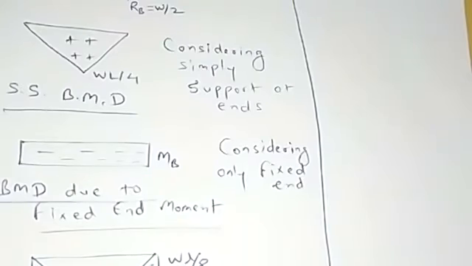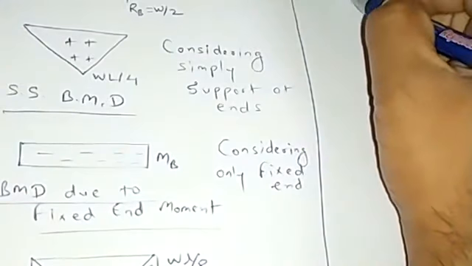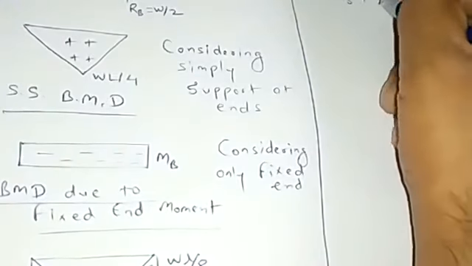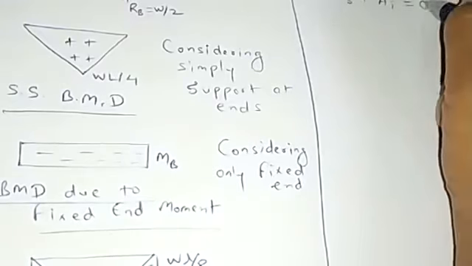Now because of this, the M by EI diagram is to be considered. So let us consider that the area of the simply supported and the area of the fixed end condition would be 0.